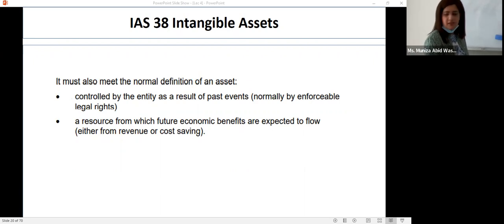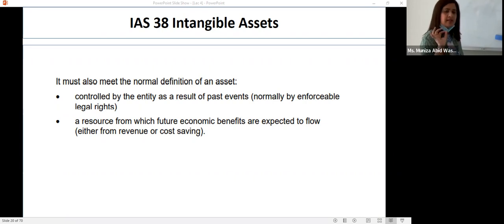So what is an asset? Controlled by the entity as the result of past events, a resource from which future economic benefits are expected to flow. Students, I have seen so many students who up till now do not know which things are going to be considered as the assets of the company, those which are owned by the company or those which are controlled by the company.